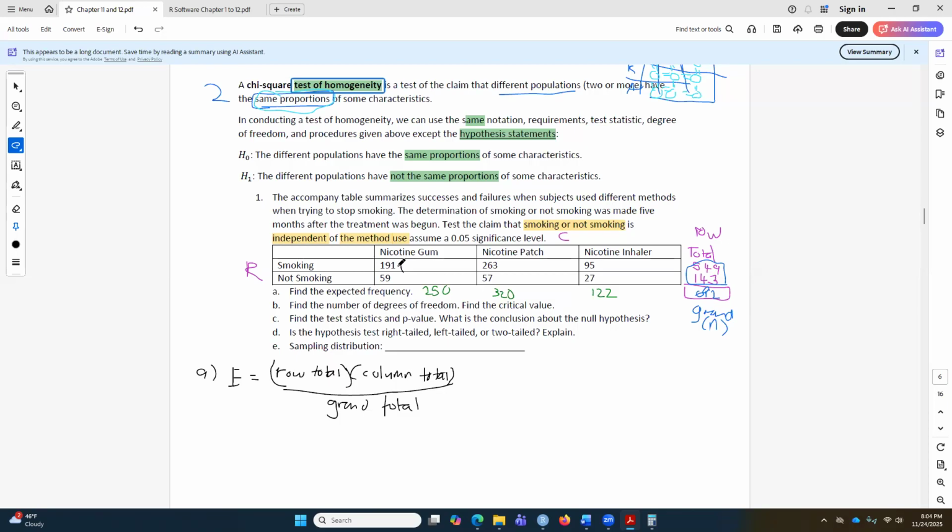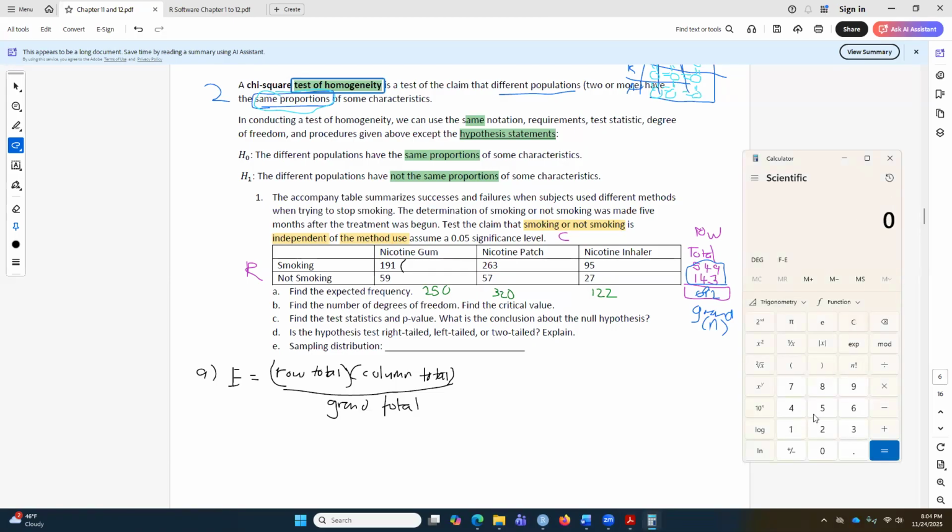Okay. So in order for you to find this expected frequency, you take the total of people who are smoking, 549, times those who use the nicotine gum, 250, and then you divide this by the grand total of 692. Okay, so let me repeat again.